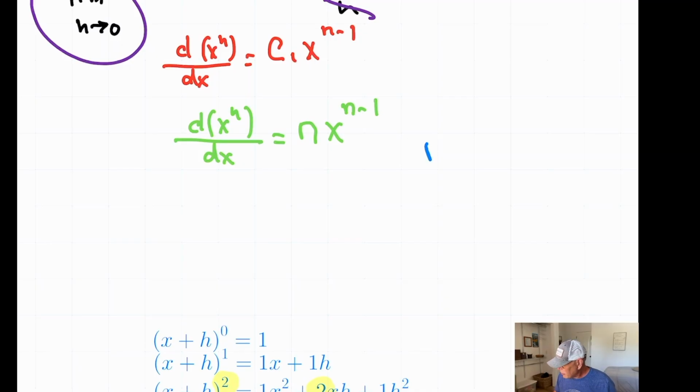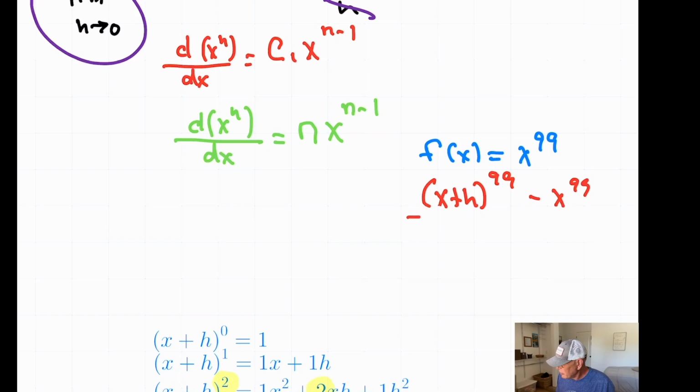Suppose I have the function f of x equals x to the 99. And I try to find the derivative by using the definition of derivative. It would look something like this: x plus h to the 99 minus x to the 99 over h, limit as h goes to 0.